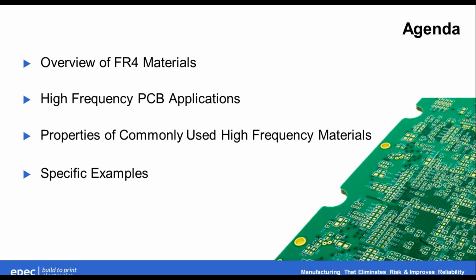Then we'll get into some of the high-frequency materials that we offer and the properties of those materials, and then we'll go into some specific examples, applications, how the material is specified and described by the manufacturers, and how you can make good choices for what you need to use.